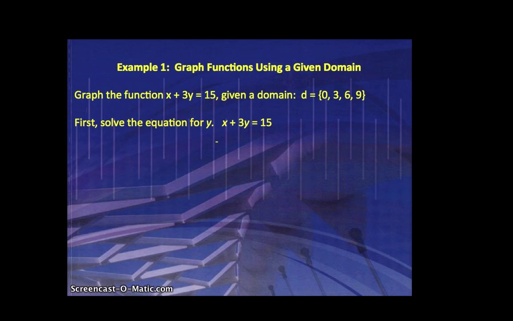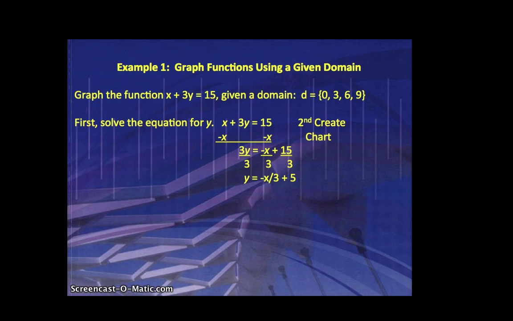Anytime the equation is not in slope-intercept form, and it's not, because it says x plus 3y equals 15, then you have to solve for y. So this is having solved for y, and I'm making the assumption that you can show the work this way. I know Mr. Miller's charge has shown you how to do this.